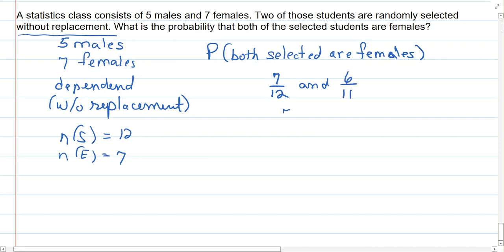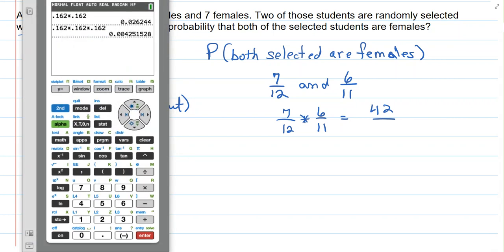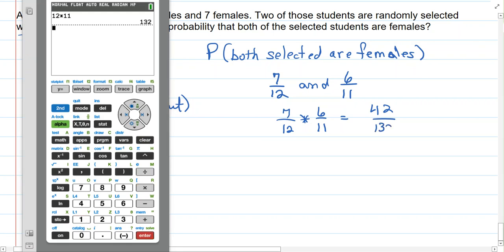So that gives us 7/12 times 6/11, and I get a 42 over 132.